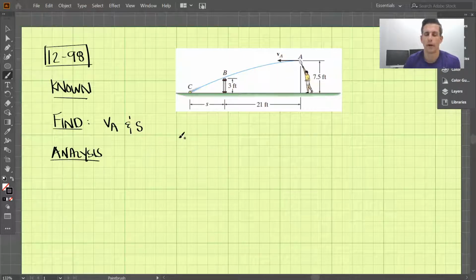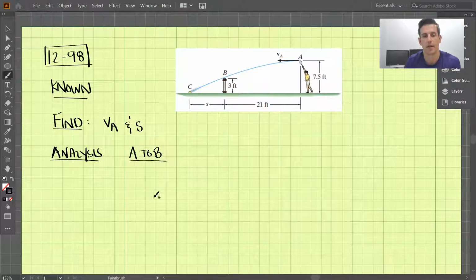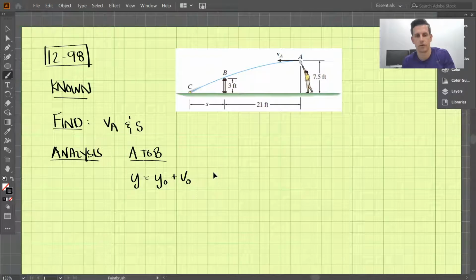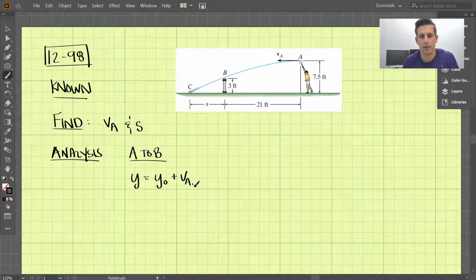So we need to figure out the time that it takes for the ball to fall. We'll first talk about the time that it takes for the ball to travel from A to B. So from A to B here, we have this equation, which is y equals y naught plus the original velocity, we can call that VA in the y direction, times t plus 1/2 constant acceleration t squared.